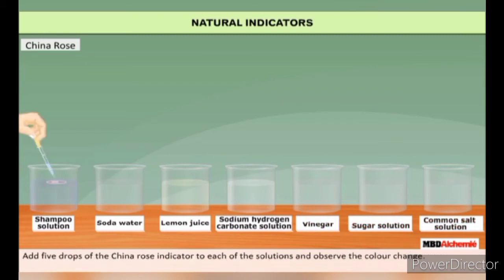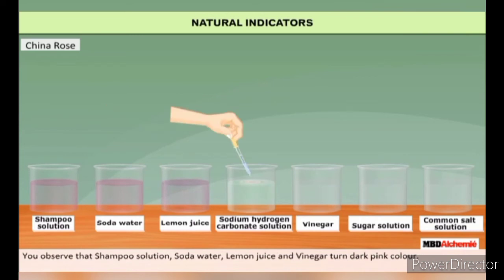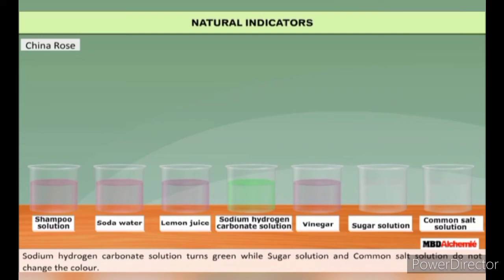Add 5 drops of China rose indicator to each of the solutions and observe the changes in color. You will observe that shampoo solution, soda water, lemon juice, and vinegar turn dark pink in color. Sodium hydrogen carbonate solution turns green, while sugar solution and common salt solution do not change color.